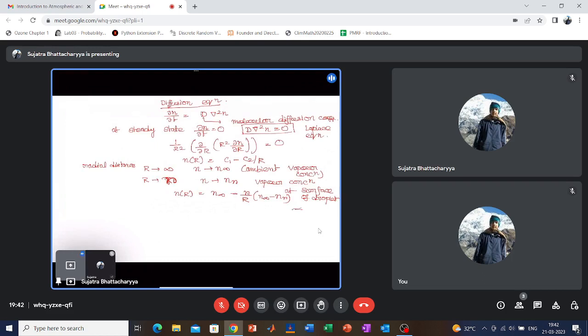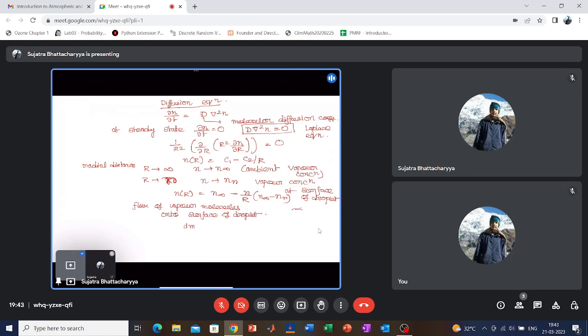So this is the equation which we have got. Fine. Now, the flux of vapor molecules onto the surface of the droplet will be what?